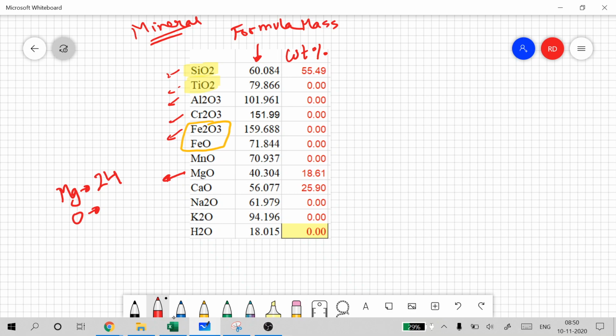Oxygen is 16, so the total becomes 40. That's what's written here. Similarly for CaO, it's 40 and 16, so it becomes 56. So this first column is nothing interesting, it's just the formula mass of all these units.